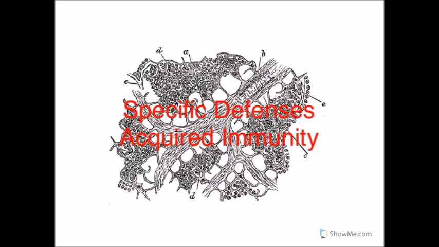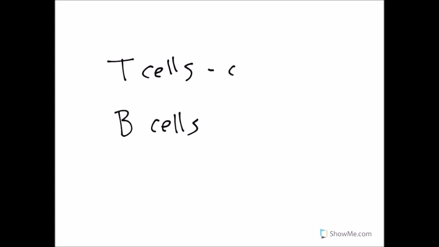So let's get started. There are two main cells involved here, and these cells would be the T cells and the cells called the B cells. Now, T cells and B cells both respond very differently. First of all, T cells are cell-mediated immunity. What do we mean by cell-mediated?